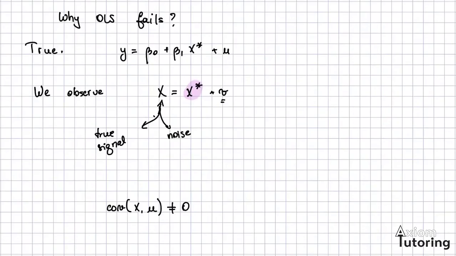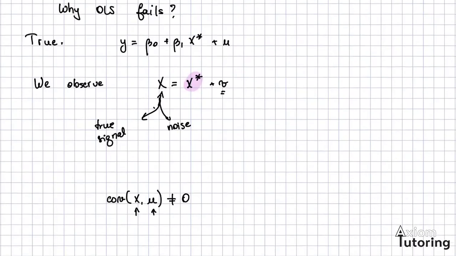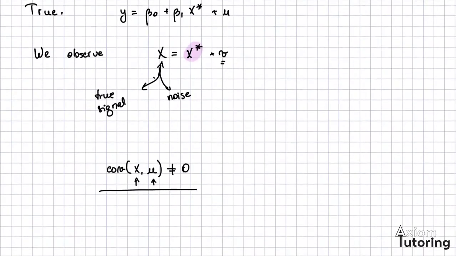Now, the source here is different, right? Because it's measurement error, not an omitted variable or reverse causality. But the consequence is identical. So the explanatory variable x is correlated with the error term u. So x is endogenous.